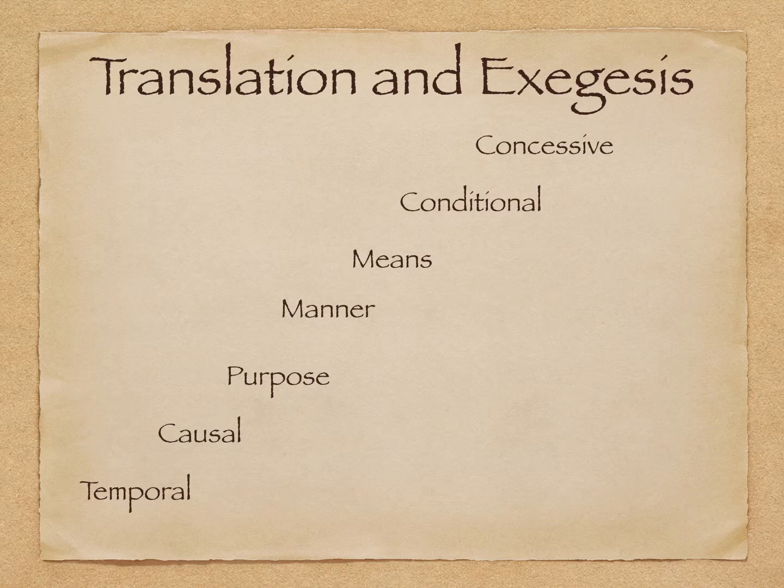Remember, with translation and exegesis, various options start with temporal, causal, purpose. The temporal, with the aorist, we translate those with 'after' and then the verb. So the action of the participle we think of as preceding that of the verb. But the other steps of the translation exegesis ladder would follow.